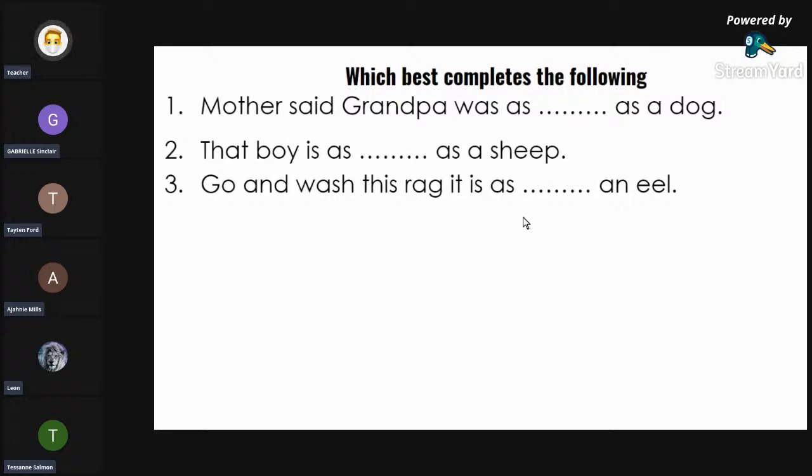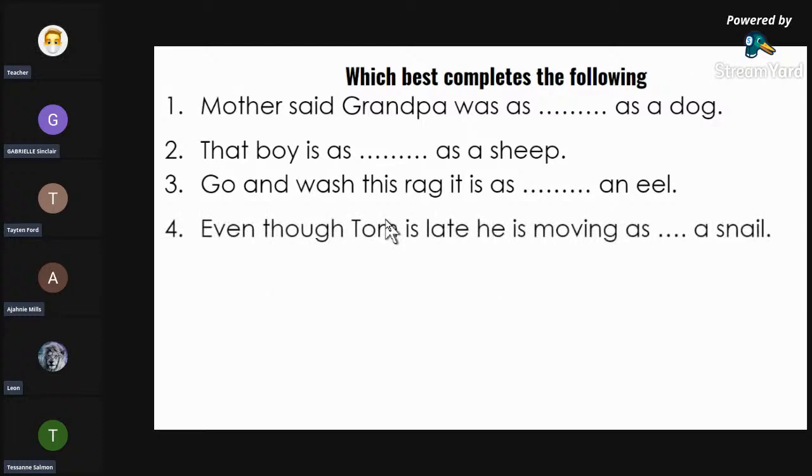We know that if we use our rags there and we don't wash them out properly, after a while they can become slippery. All right. So that's what we're looking for. Let's go with another one. This one for YouTube. Once again, Ford. Even though Tom is late, he is moving as dash as a snail.